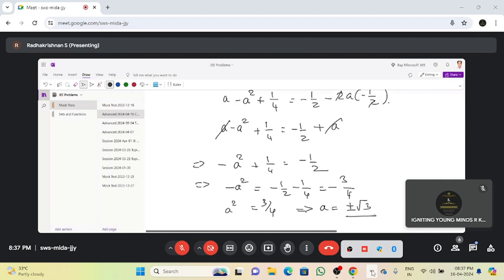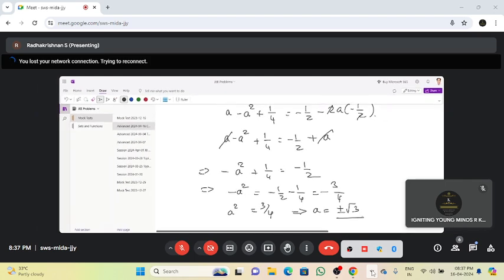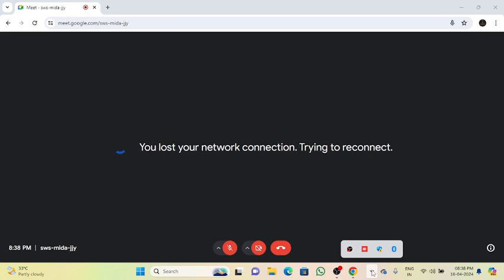Plus or minus root 3 by 2. So here again you're getting a complex number.